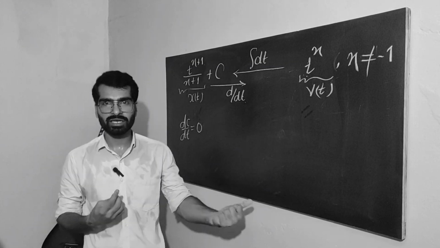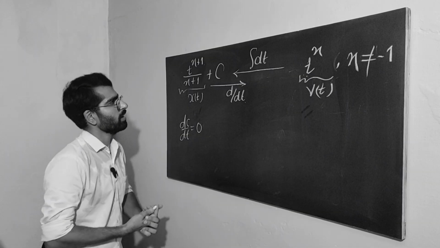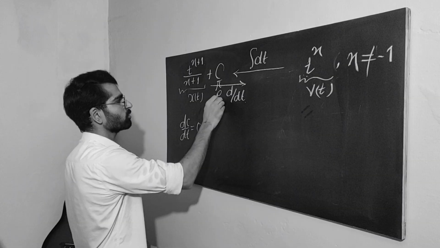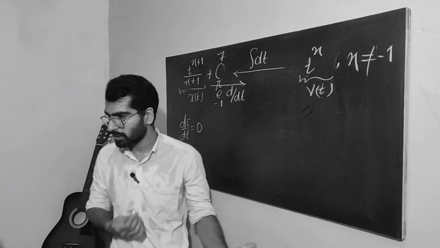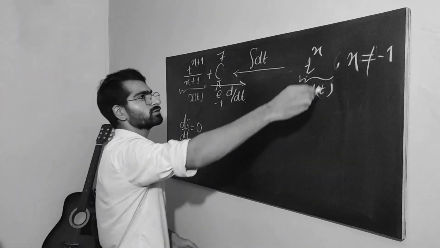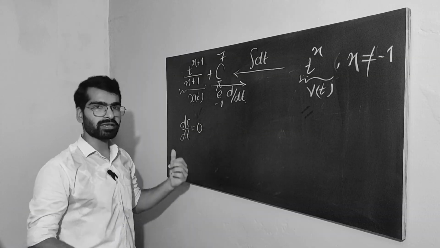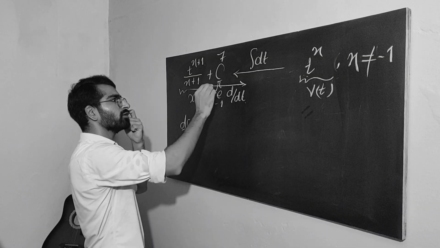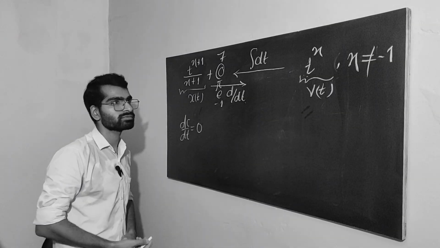We are interested in changes, and constants do not change. And so this constant could be pi, it could be e, it could be minus 1, it could be 7, Cristiano Ronaldo, CR7, right? And so this function can have infinite number of antiderivatives, each corresponding to a different value of a constant. And this constant can also be 0.